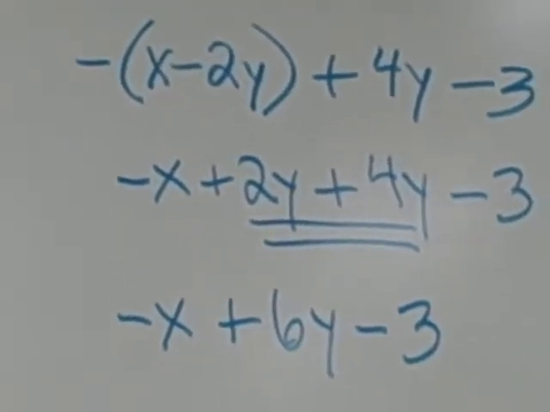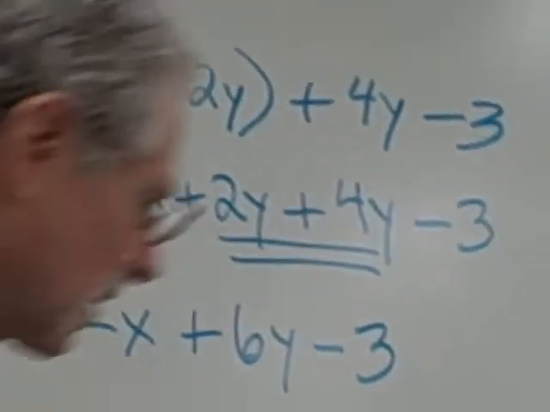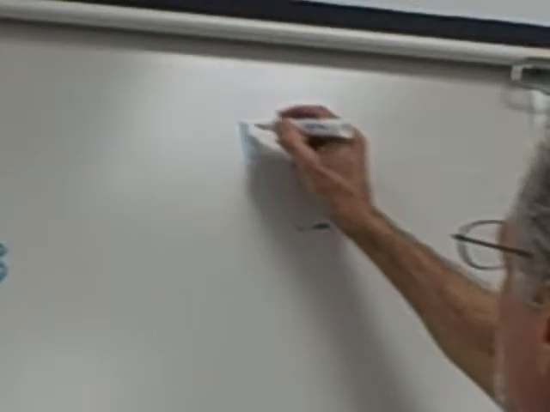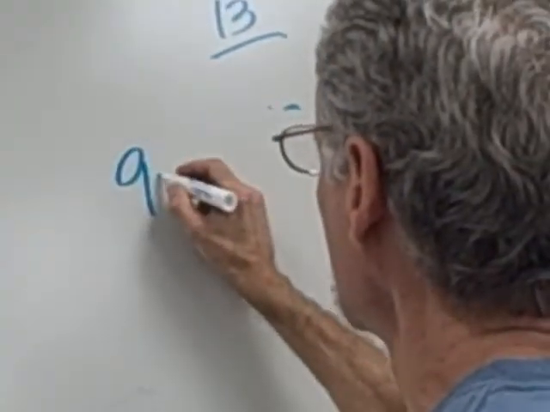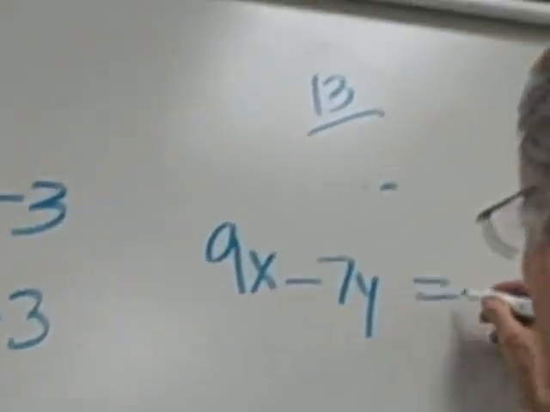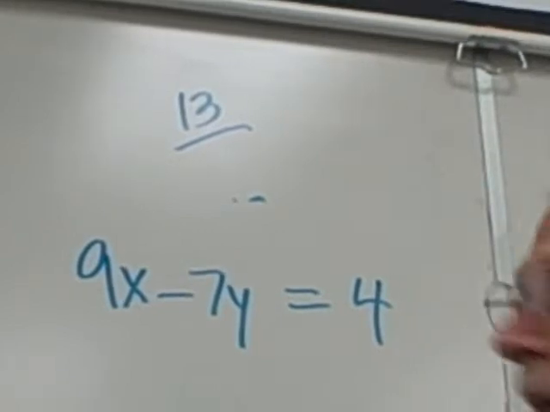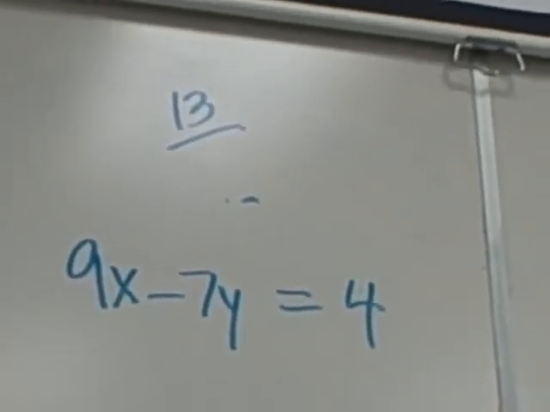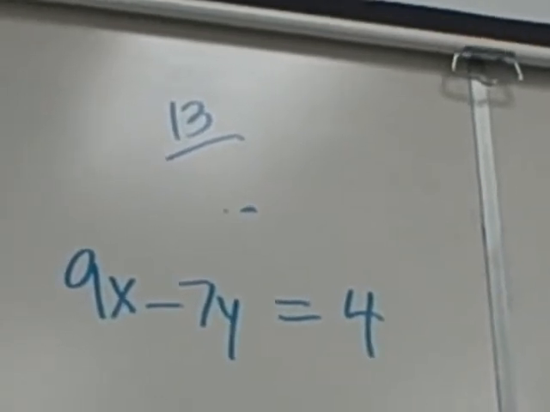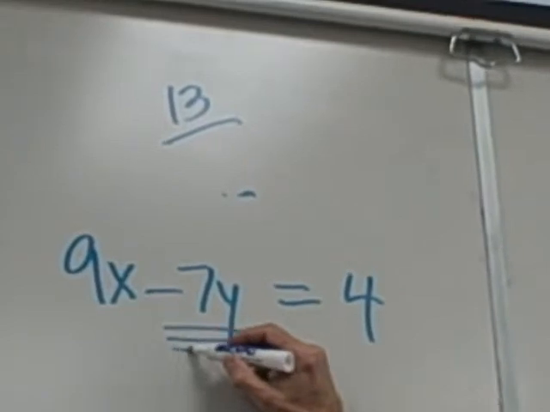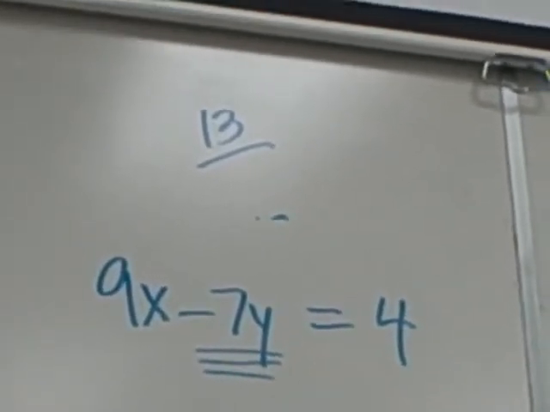Okay, number 13. Lucky number 13. We have to solve for y here. It is equal to 4. When you solve for a letter, you want to first isolate the whole term that has that letter in it.